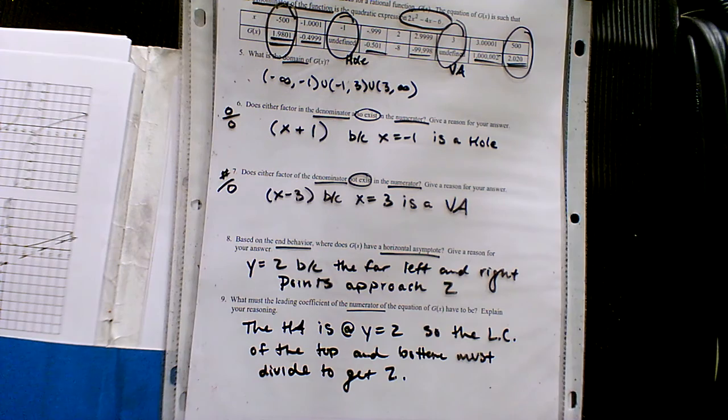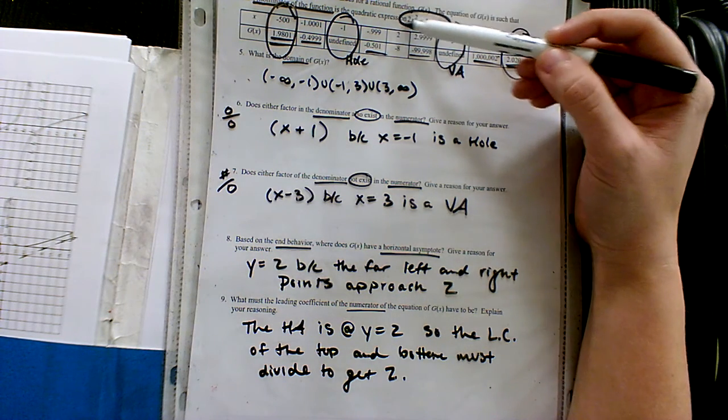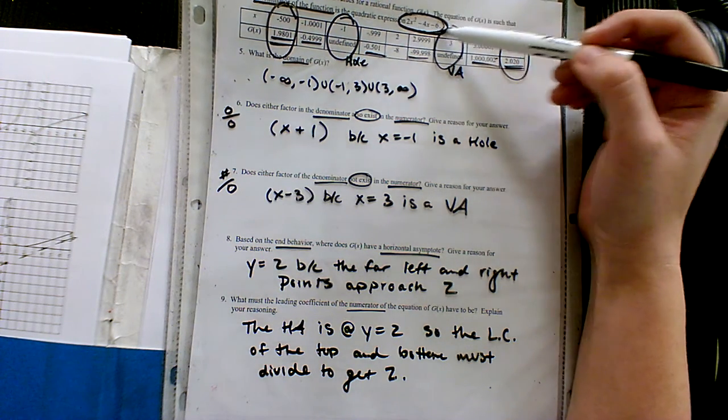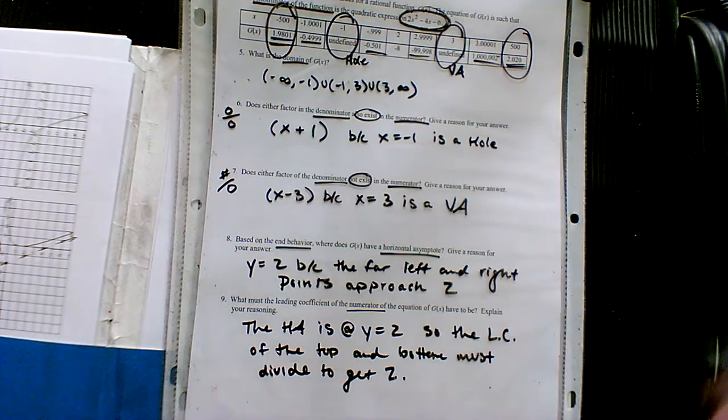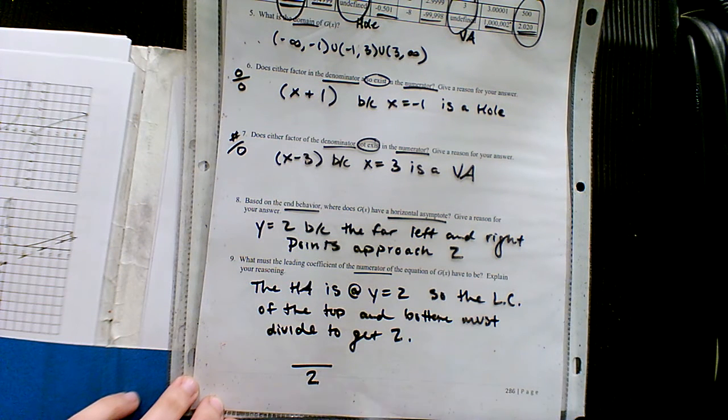Okay, we haven't really used this piece yet, and this is probably why, because we only need it for the last one. The expression in the denominator is given to us at the top. So we know that the leading coefficient on the bottom is 2. And we know whatever we divide by 2, our answer should be 2. So what number divided by 2 gives you 2?